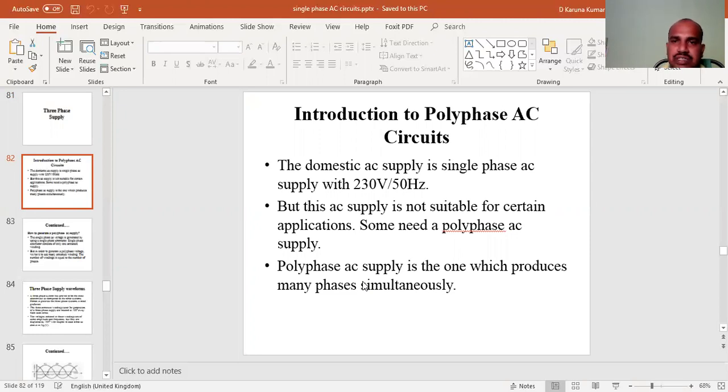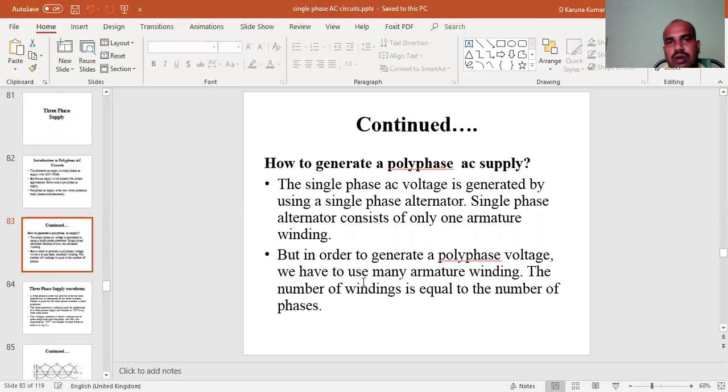The single-phase supply is suitable only for low power applications, and you need polyphase AC supplies. Polyphase AC supplies means more than single phase, two-phase, three-phase supplies, which produce many phases simultaneously, and so on.